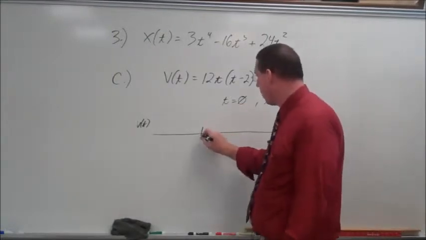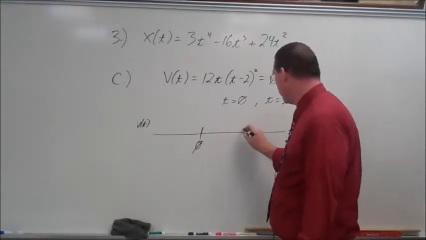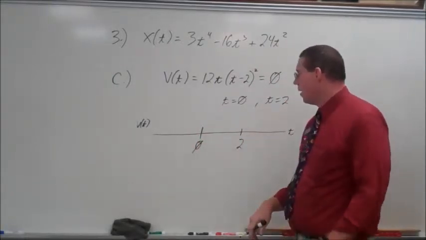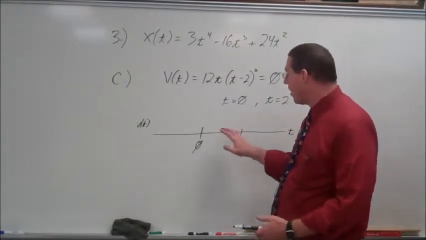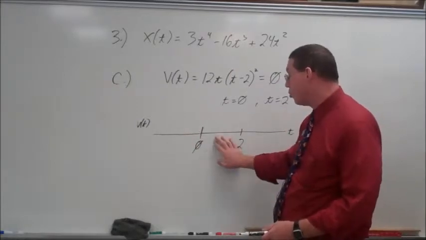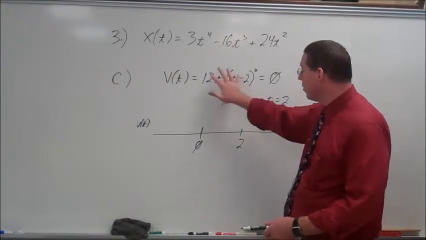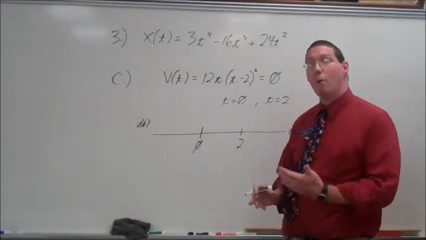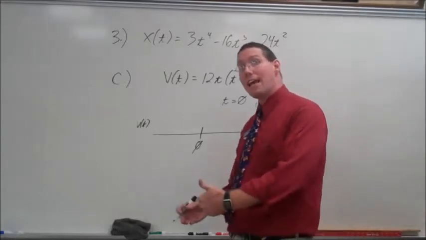We've got a 0 at t equals 0, and we have a 0 at t equals 2. Now we're going to take values that are less than 0, between 0 and 2, and greater than 2, and plug them into our velocity and find out whether velocity is positive or negative.